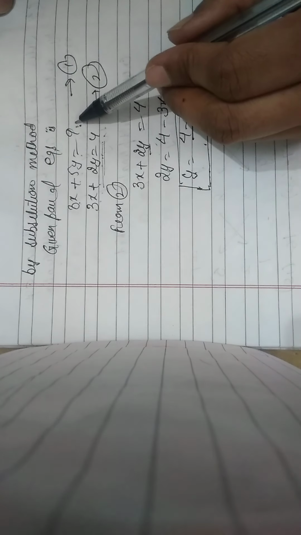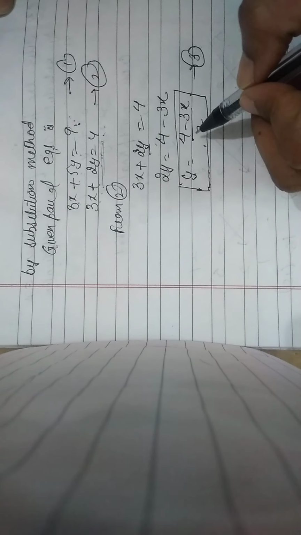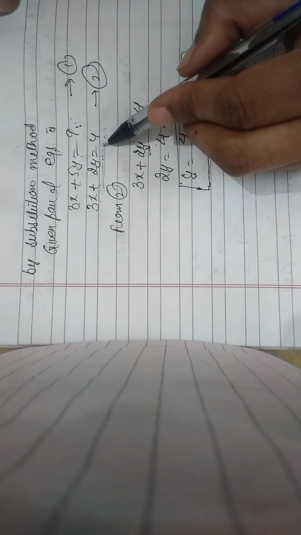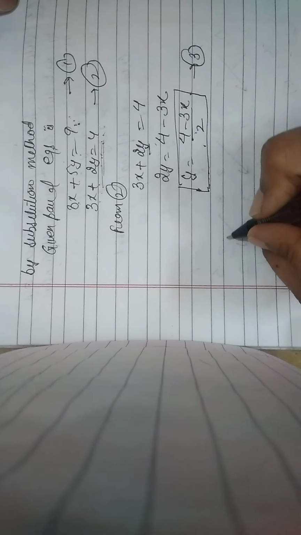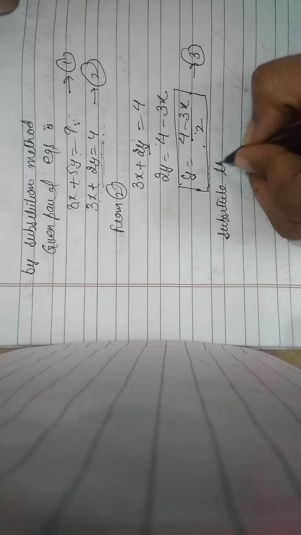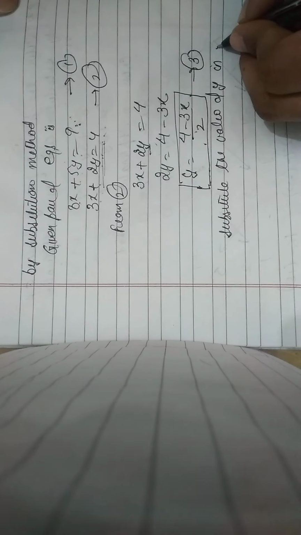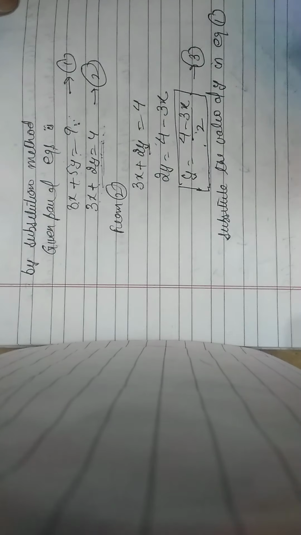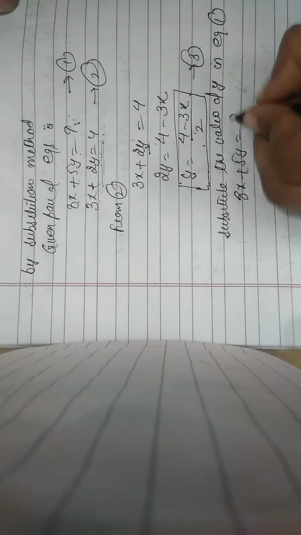That is, we substitute this value in the first equation, because we got this value from the second equation. Now the first equation is 8x plus 5y equal to 9.